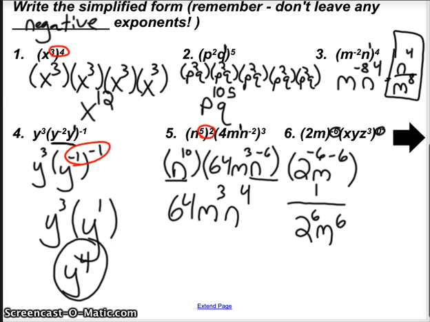Don't forget, that's how we handle our negative exponents. And 2 to the 6, we can actually simplify that. If you type 2 to the 6 into your calculator, it should give you 64. So a cleaner way to write this would be 1 over 64m to the 6th power.